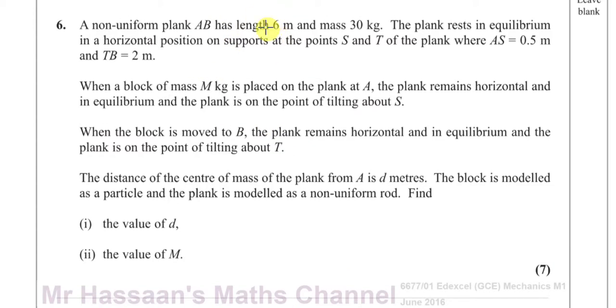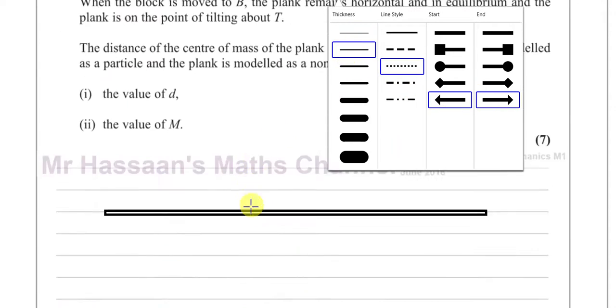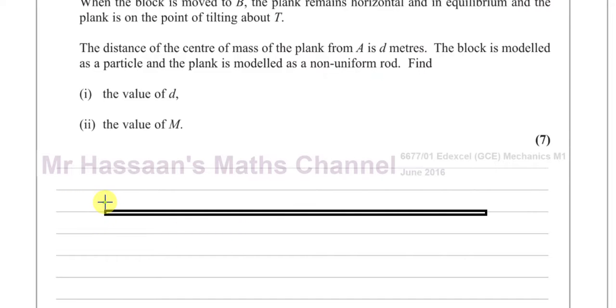It's 6 meters altogether. So the total length from the start to the end is 6 meters. That's the length of the plank.